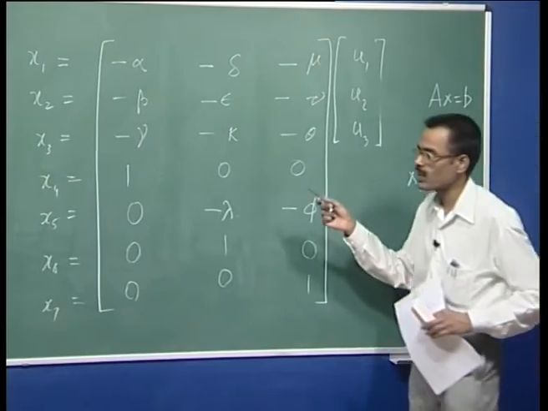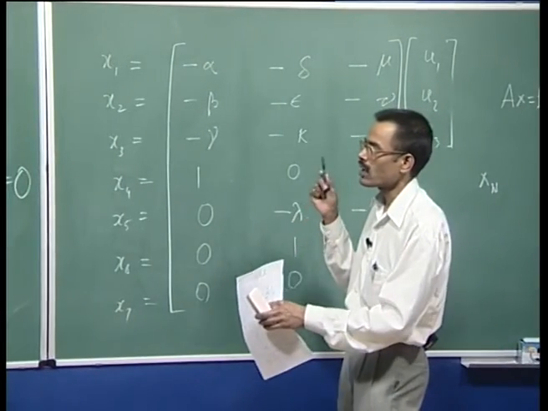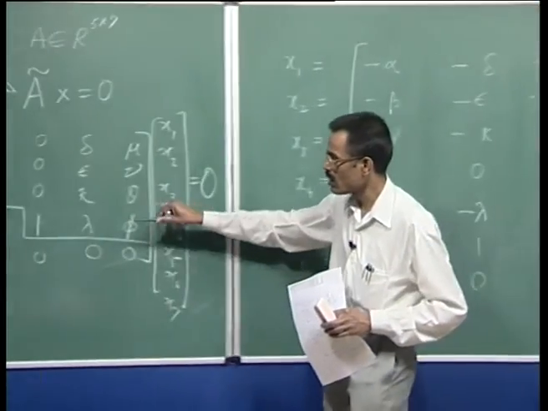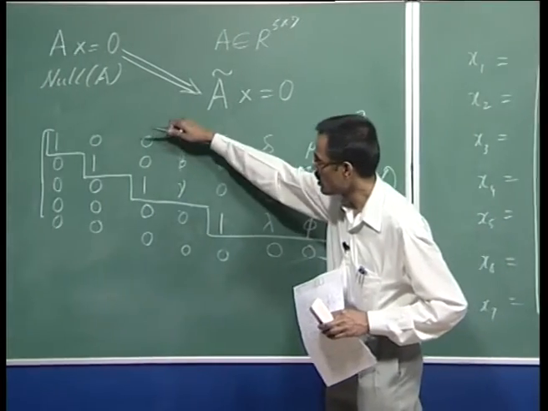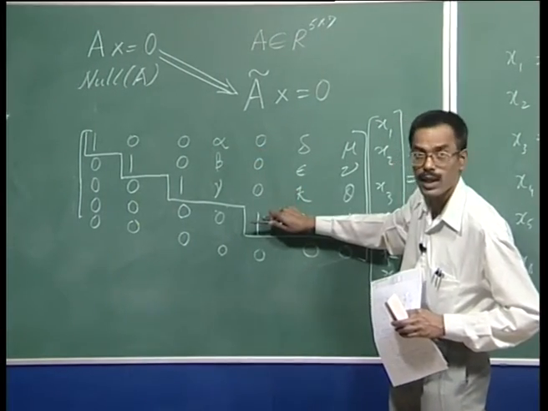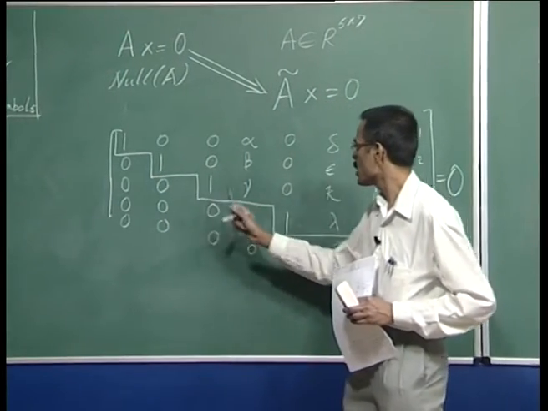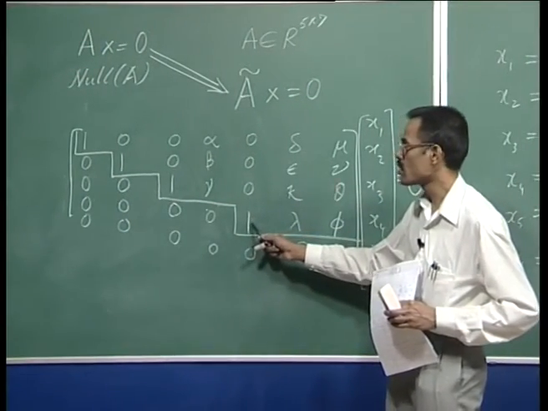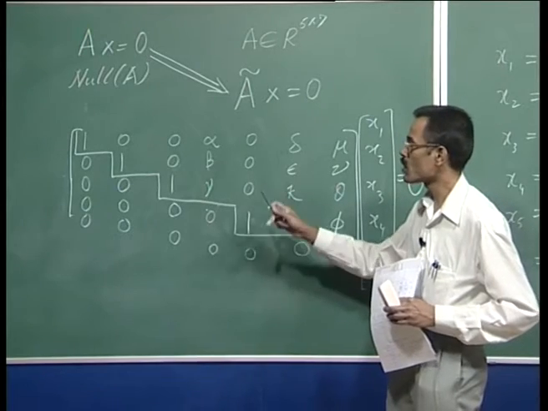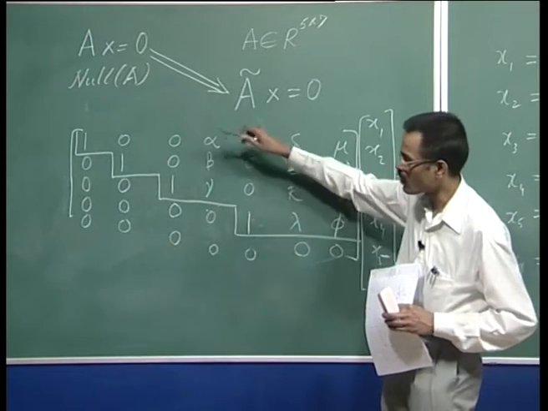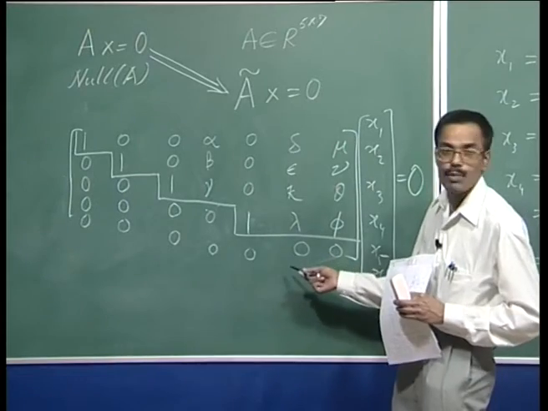This has 7 columns, and if rank is 4, that we can see here, that is after the reduction these 4 rows are linearly independent. In terms of columns, you can say first, second, third and fifth columns are linearly independent. Okay, so 4 columns are linearly independent, or 4 rows, and not the fifth one.